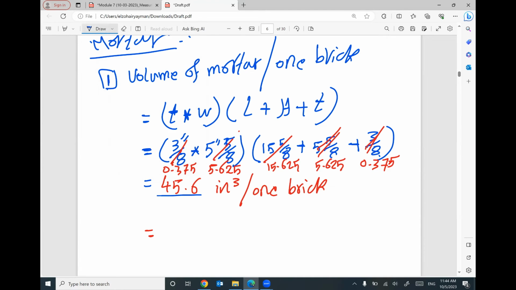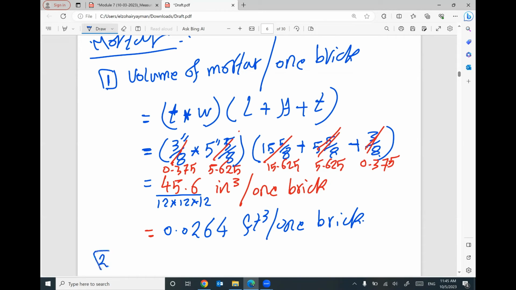So divide it by 12, by 12, by 12, because you are converting from cubic inch to cubic feet. I got 0.0264 cubic feet for each one brick.